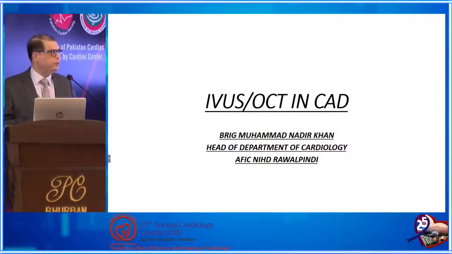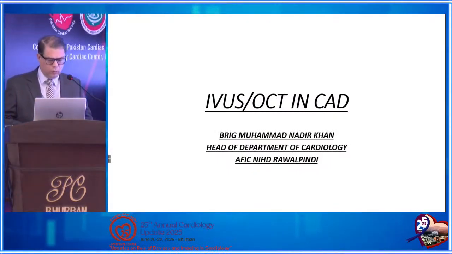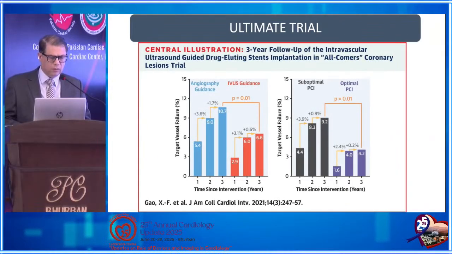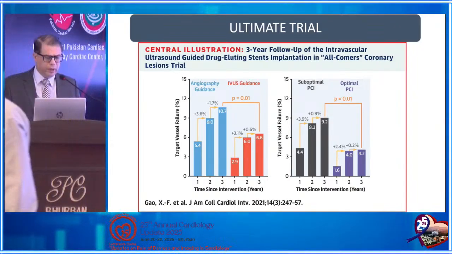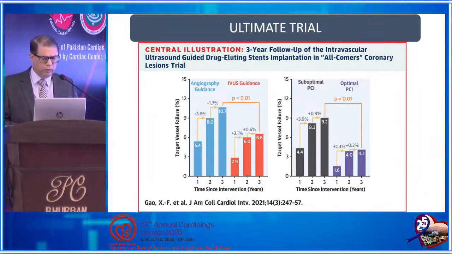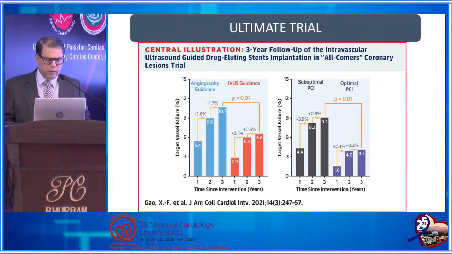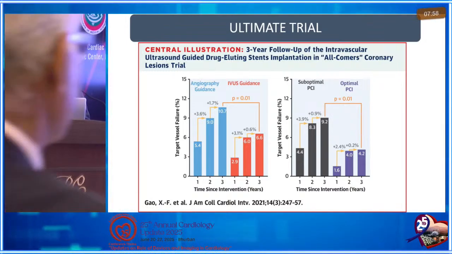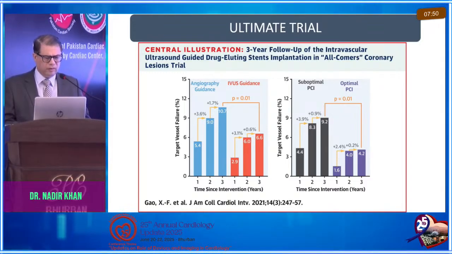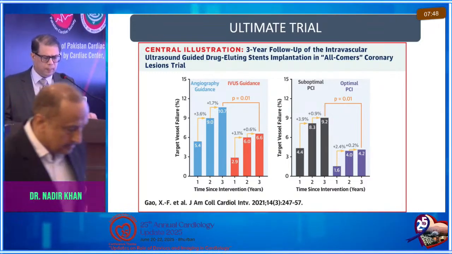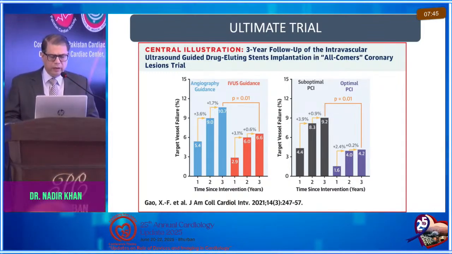Can I have the slides, please? So I'll be talking about IVUS and OCT in coronary artery disease. The ULTIMATE trial compared angiography-guided versus IVUS-guided PCI. We can see that with IVUS-guided PCI, the target vessel failure was much less compared to angiography-guided PCI.